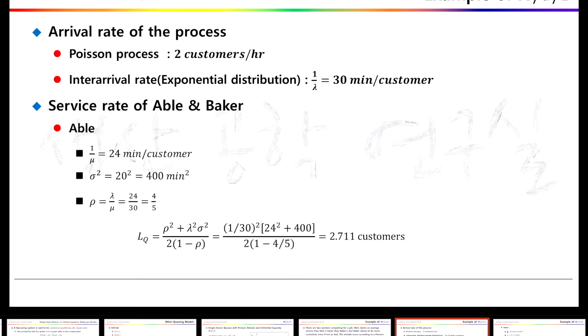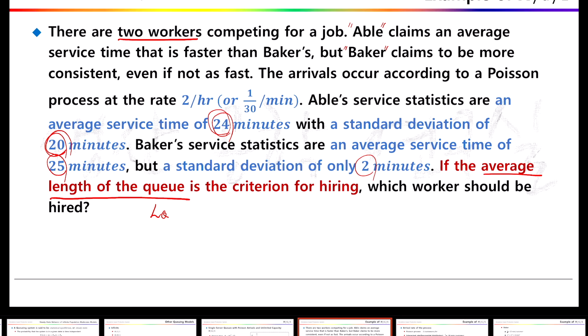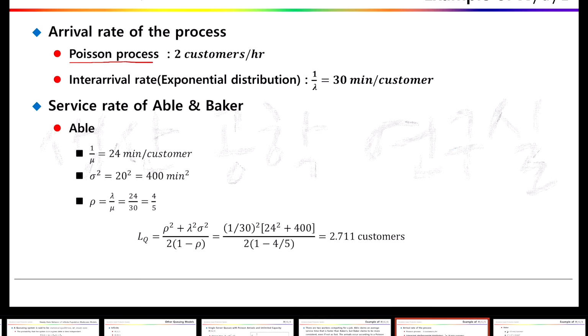Let's calculate. The arrival process follows a Poisson process, and there are 2 customers per hour. So we can denote it like this. And the inter-arrival time may follow an exponential distribution because it is a Poisson process.